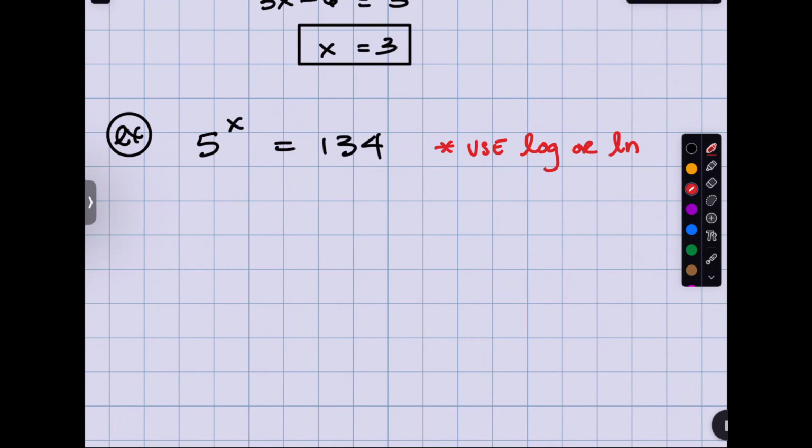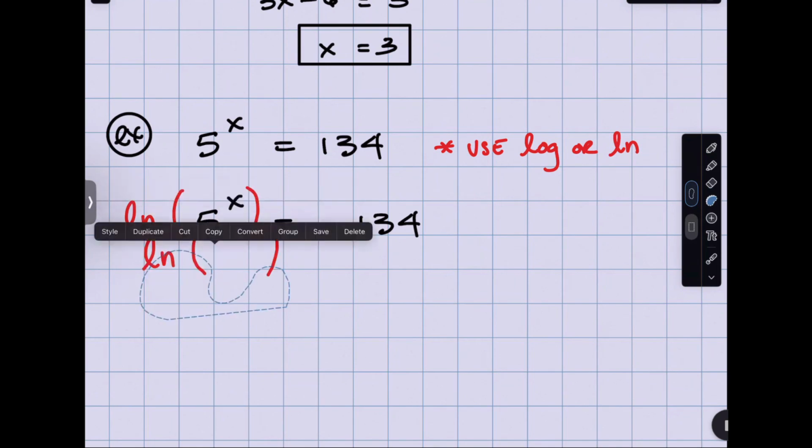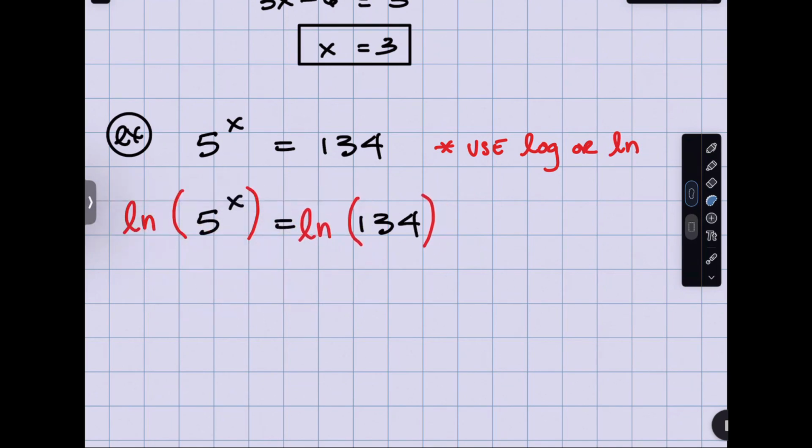Use log or ln, the common log or the natural log. If I can't get the bases the same, and if I take the ln of one side, I got to take the natural log of the other side.